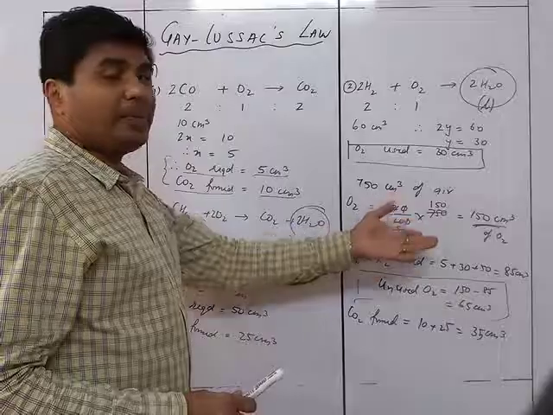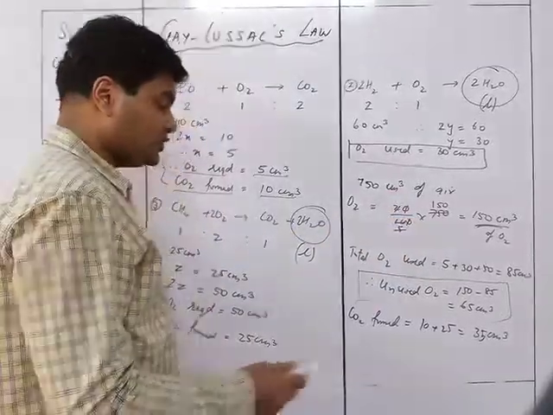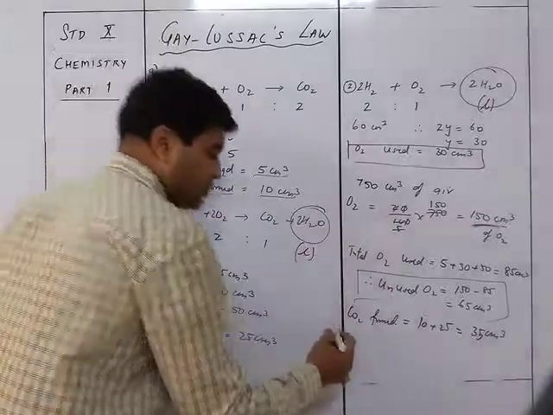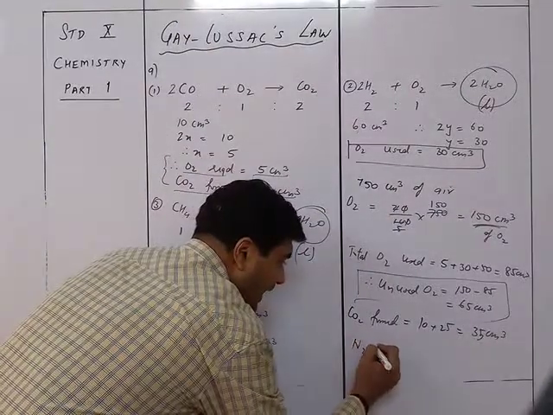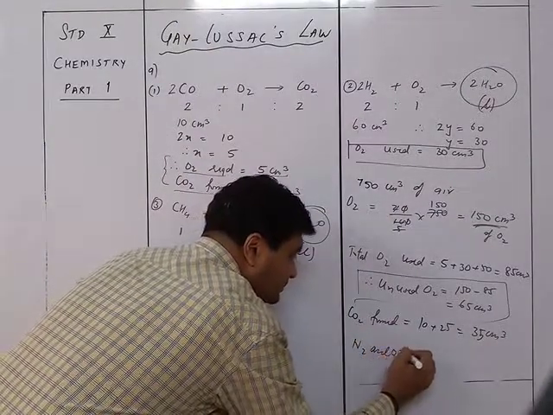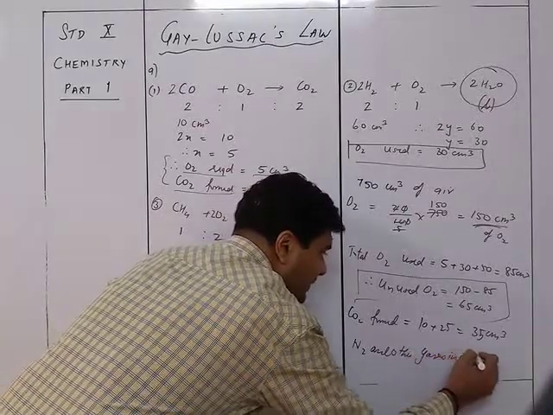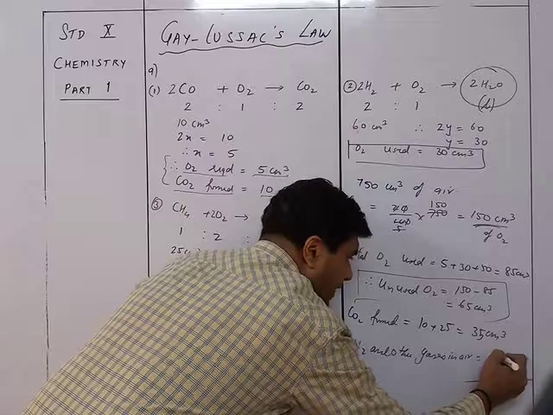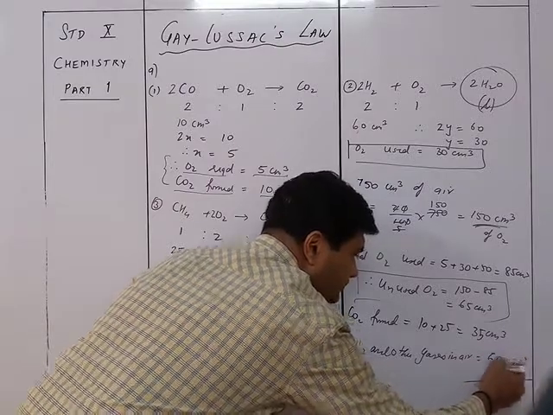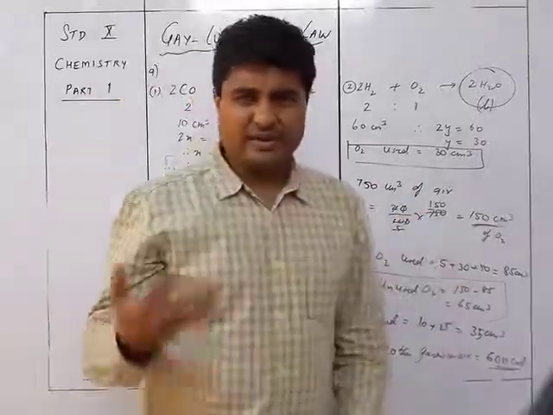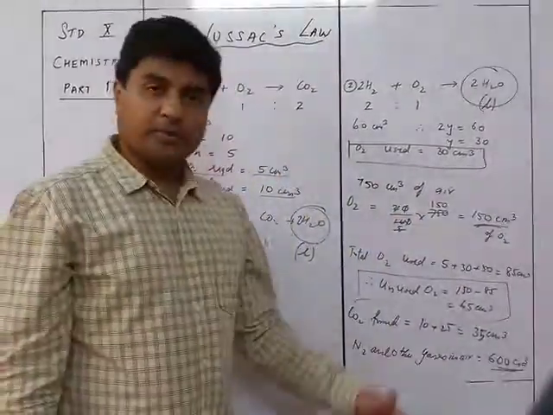Of course, the rest of the part is nitrogen and other gases. So the other gases are how much? 750 minus 150 is 600. So nitrogen and other gases in air is equal to 600 centimeter cube. You can also put only nitrogen, leave the other gases. Writing only nitrogen will also work.